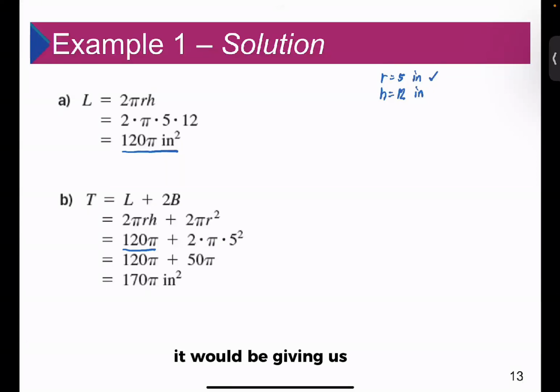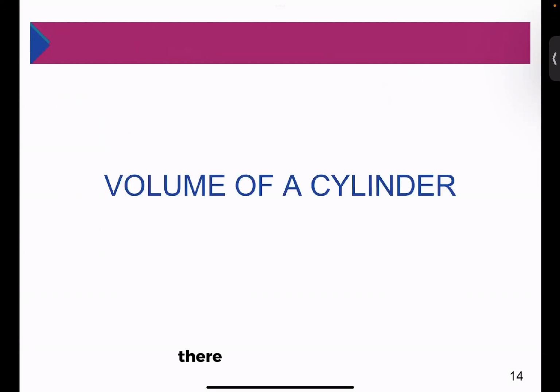It would give us 120 pi plus 50 pi, a total of 170 pi square inches. Let us now consider the volume of a cylinder. The volume of a cylinder is the area of the base times the height.